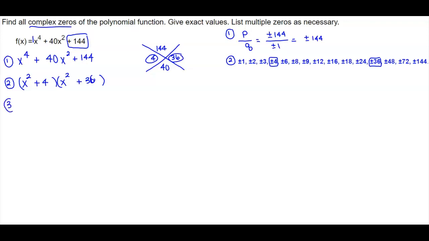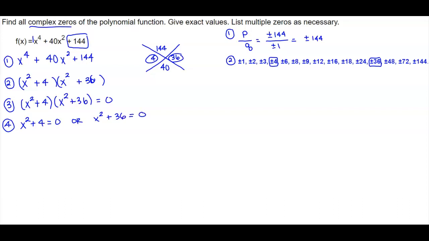Okay, now we need to find the zeros. So we're going to set this equal to 0. So we have x squared plus 4 times x squared plus 36, and we're going to set that equal to 0. So we have x squared plus 4, which is equal to 0, or x squared plus 36, which is equal to 0.